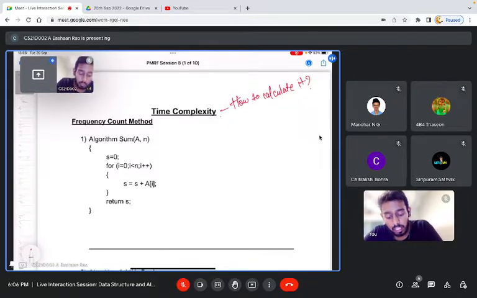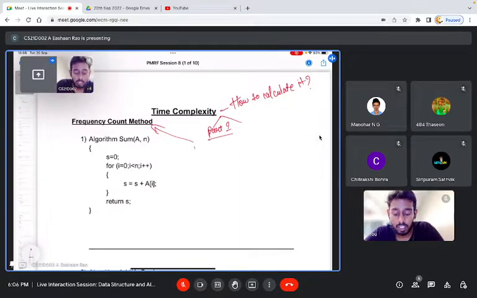Before that, there are few things that we should know about. Usually we focus on a two-part series. In part 1 we are going to focus on the frequency count method, where we try to understand the number of computations based on the input size, based on which we find the time complexity.